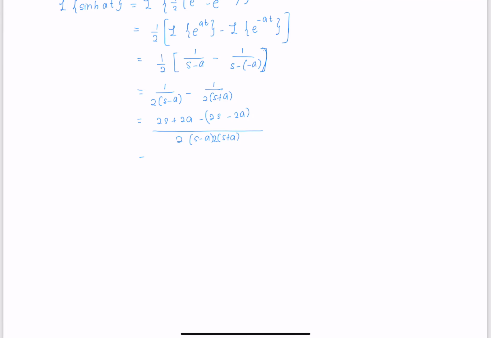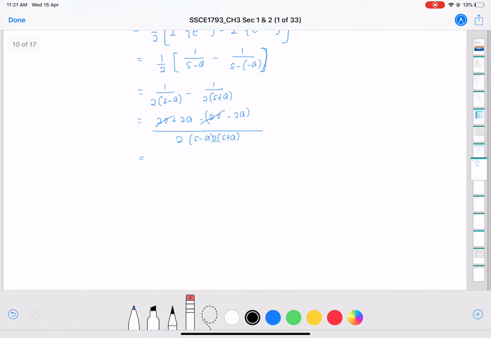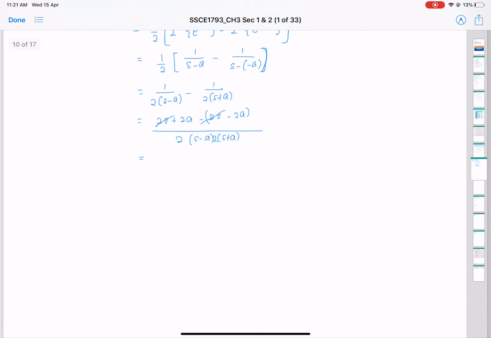So we get 2s plus 2a, so we can cancel out 2s. So we have 2a plus 2a, so we have 4a over 4 times s minus a, s plus a, so we can cancel out.